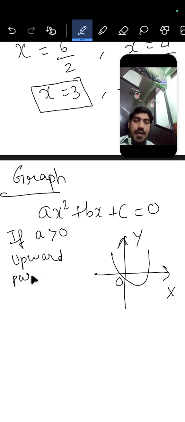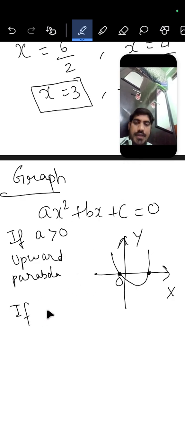It touches the x-axis at its roots. Since a quadratic equation has a maximum of 2 roots, a maximum of 2 zeros, it cuts the x-axis at a maximum of 2 points.